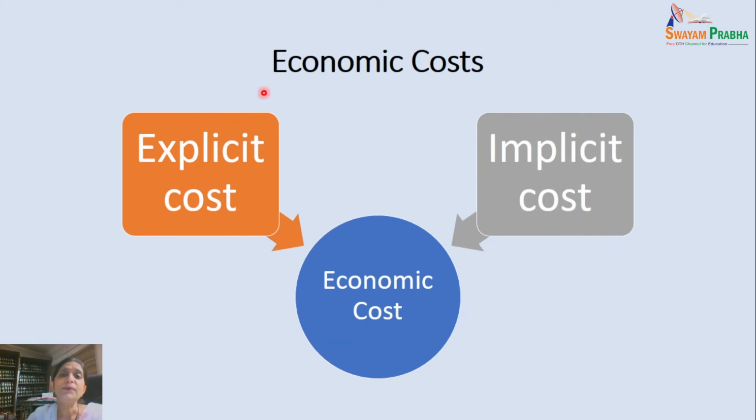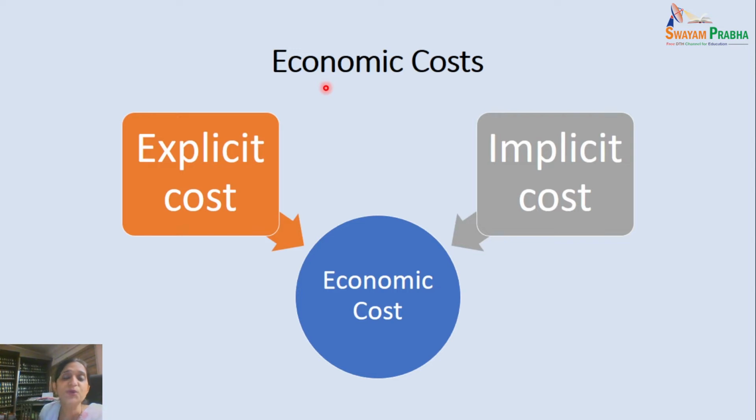Now, whenever we talk about cost of production or cost in economics, it is a little different from the type of cost which accountants talk about. So let us understand what this economic cost is, and thereafter we will understand how it is different from the other accounting costs which we see in the books of accounts of a firm.